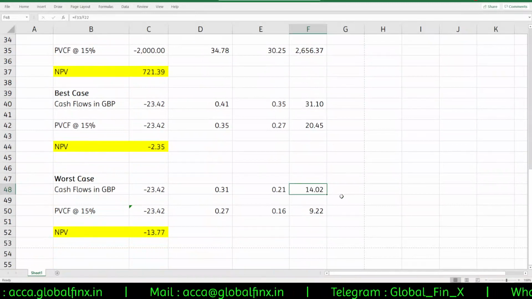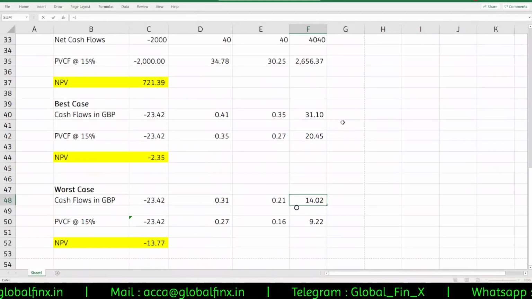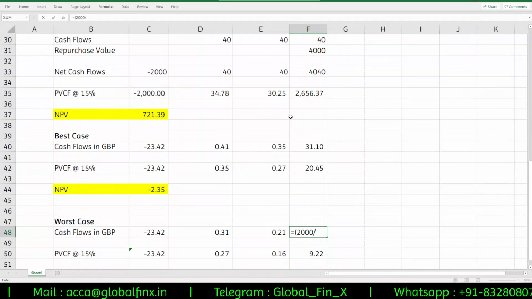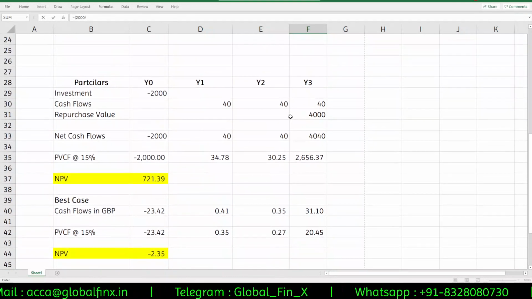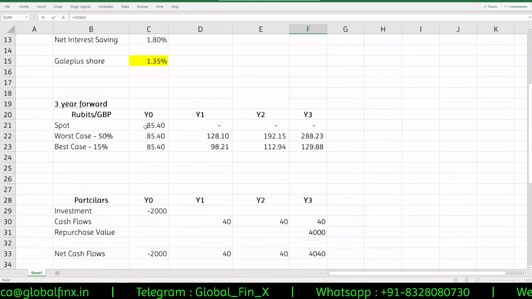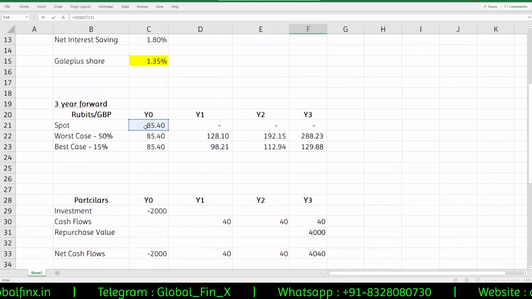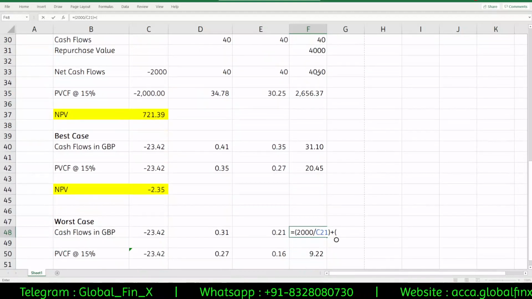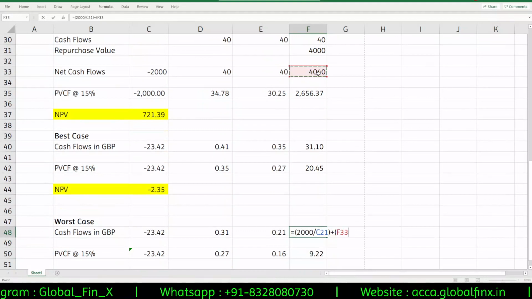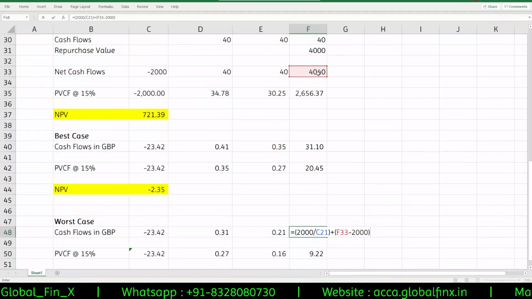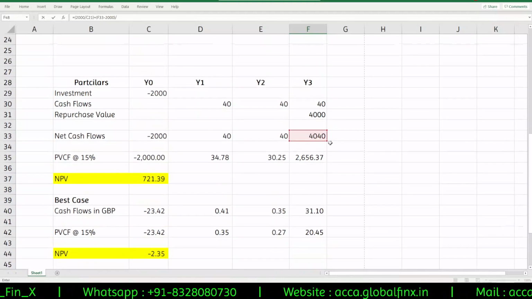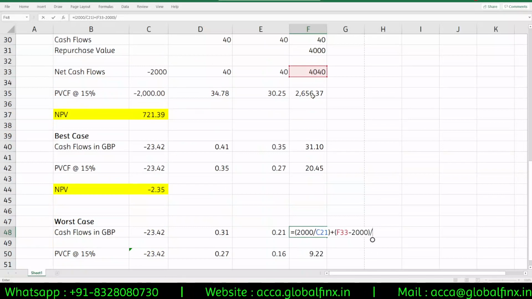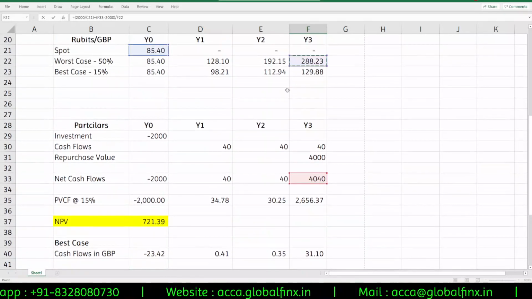So what I'll do is equal to 2000 divided by, out of this 4040, 2000 will be protected through my swap, plus 4040 minus 2000 divided by worst case or best case. Am I doing worst case? So 288. Okay.